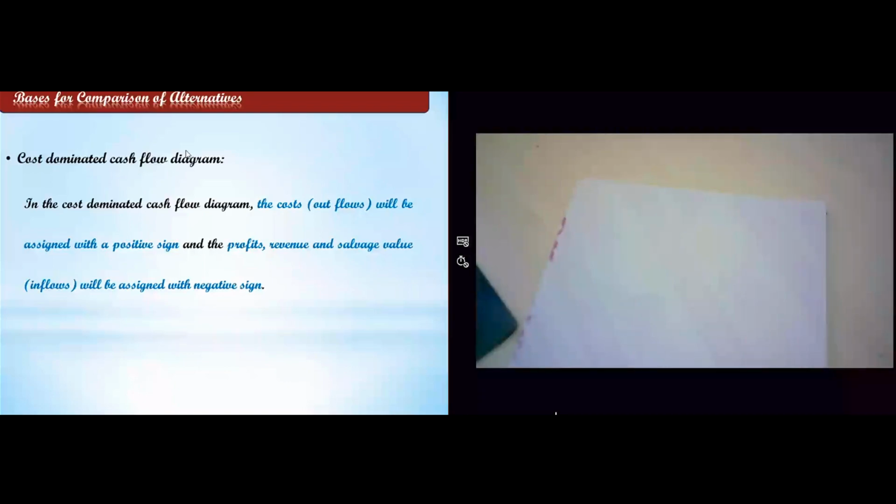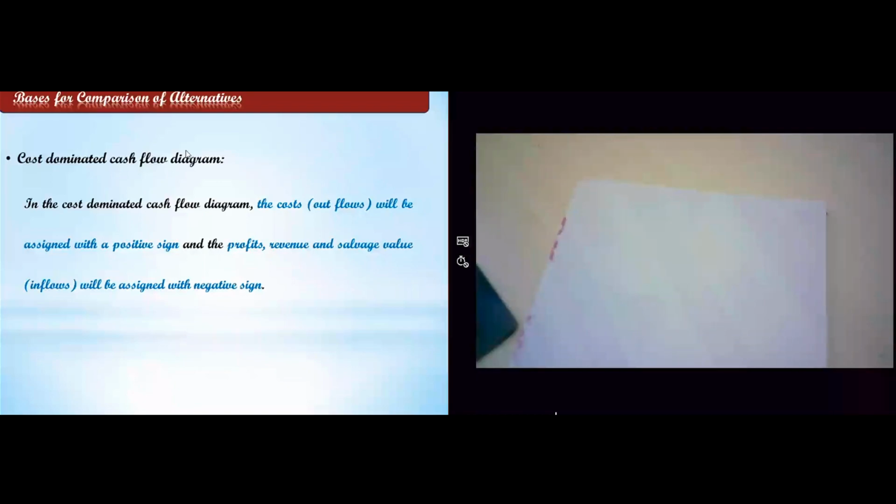Now salvage value is nothing but the resale value of the equipment after its service life. It is the value which the organization gets after selling that equipment at the end of its service life. So that is a source of income, right?